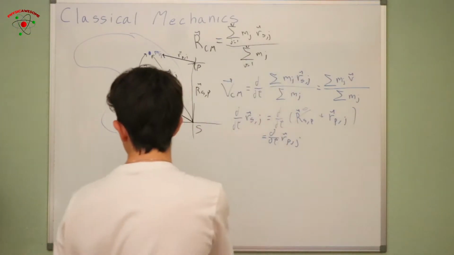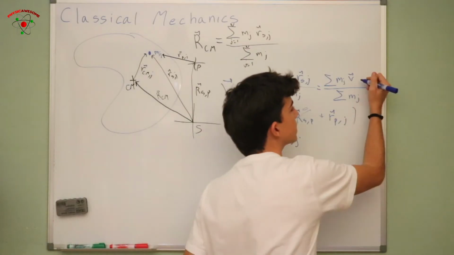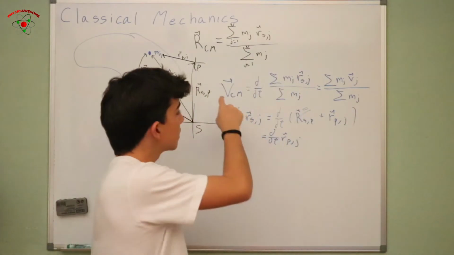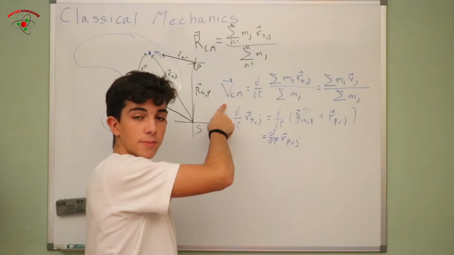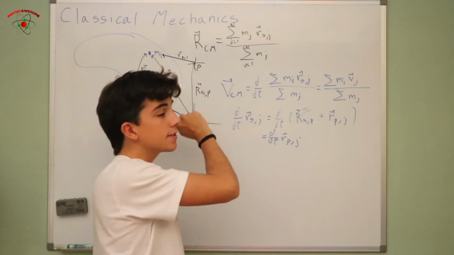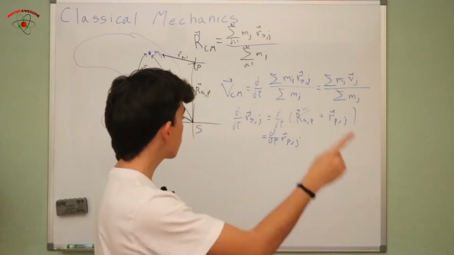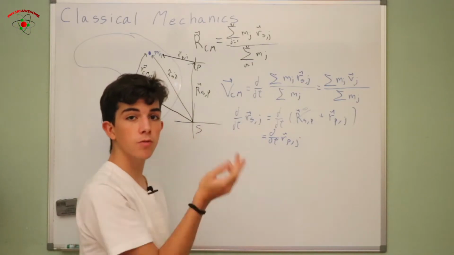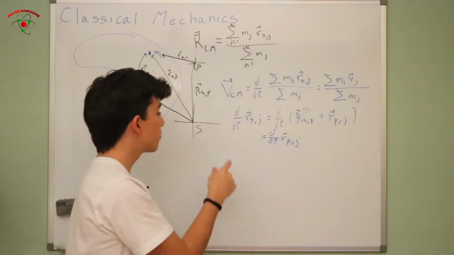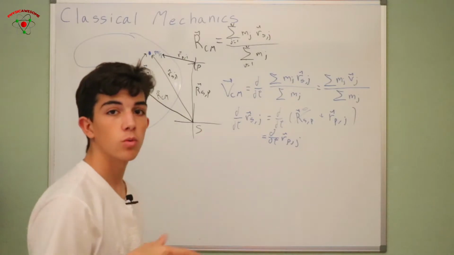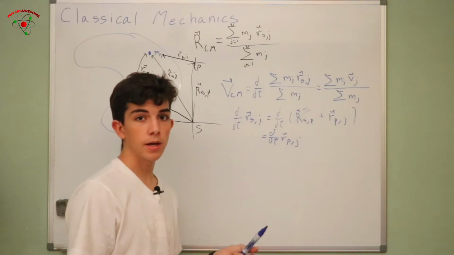And this also has the implication that the velocity of the center of mass is not going to depend on the stationary reference frame or the arbitrary point S we choose as our reference frame in general.